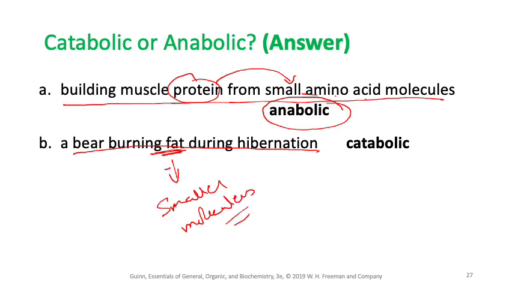In this process we're getting energy, right, to sustain life during the hibernation. So this is catabolic pathway. This is how you can apply the concept of anabolic and catabolic pathway to figure out which kind of reaction is going on at that particular time.